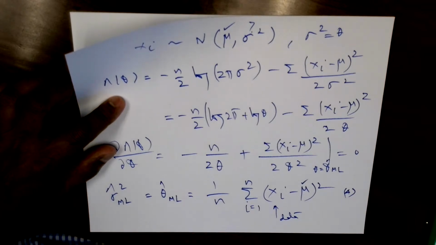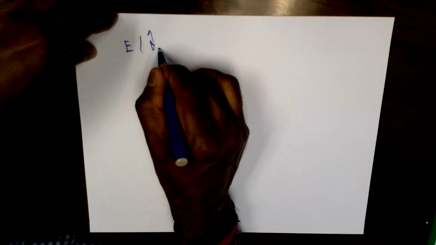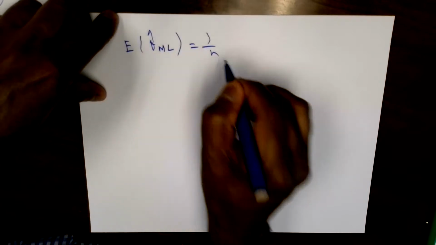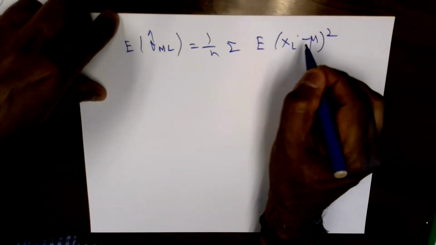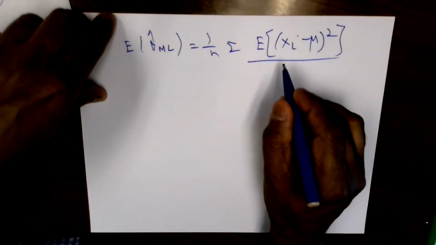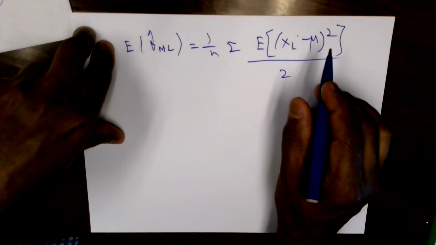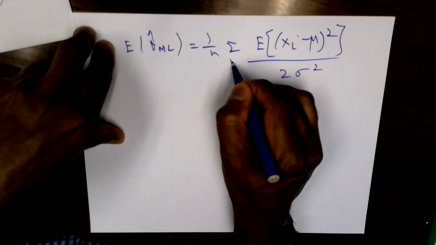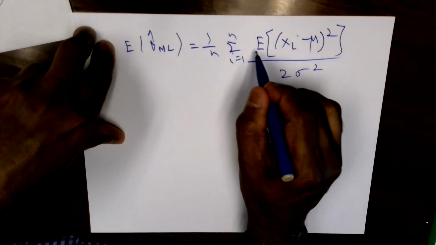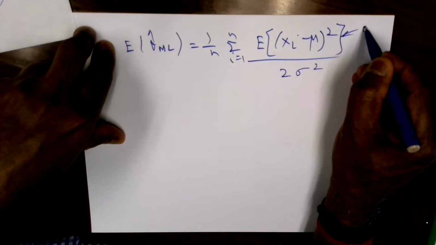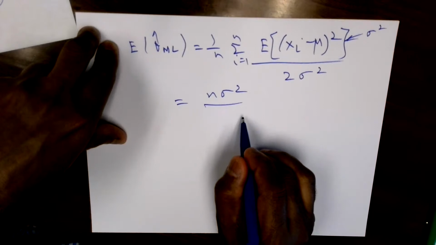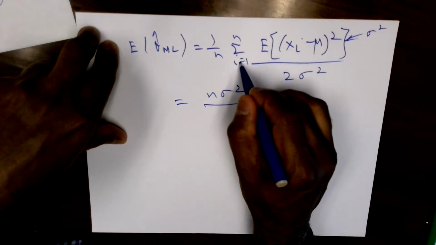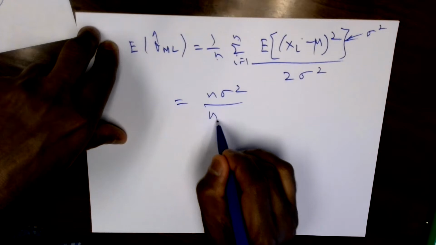So let's see whether it's unbiased or not. The expected value of theta hat ml is 1 over n, the summation of the expected value of xi minus mu the whole square. Expected value is only on the random variable. Notice this quantity is sigma squared by definition. So this turns out to be n sigma squared, and then there is an n here.